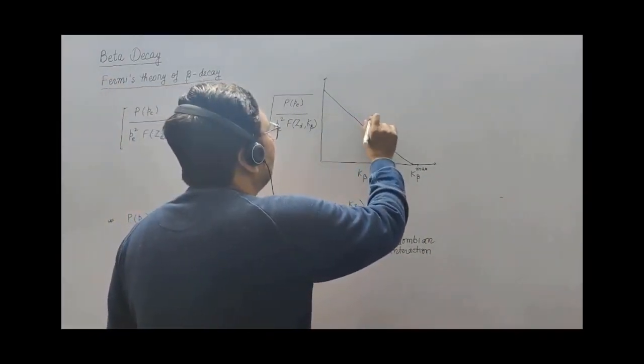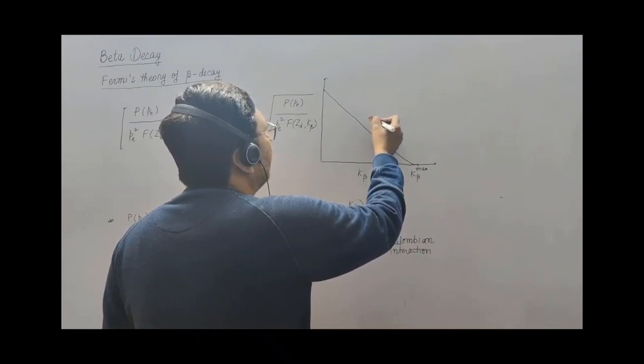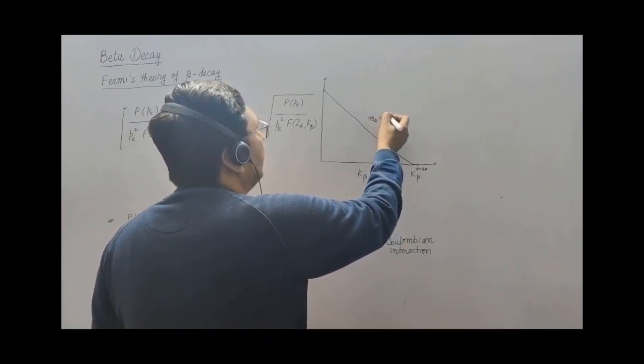We have plotted this graph by assuming that the mass of the neutrino particle is exactly 0.